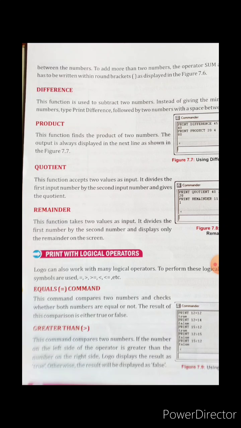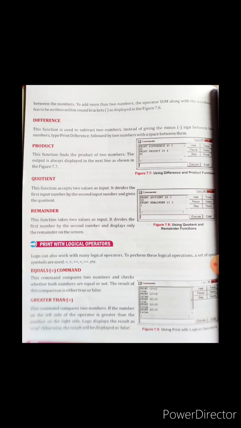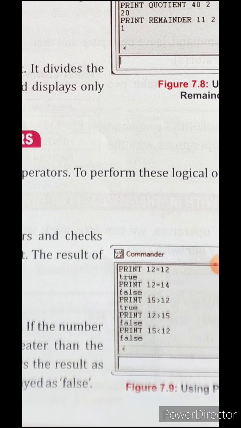In this way, greater than, suppose 12 is greater than 13, 13 is smaller than 14, like this way we need to use. How to use? You can see print 12 equals 12, and when we press enter, it will come true. If we put 12 equals 14, it is not correct because 12 is not equal to 14, so it will show you false.